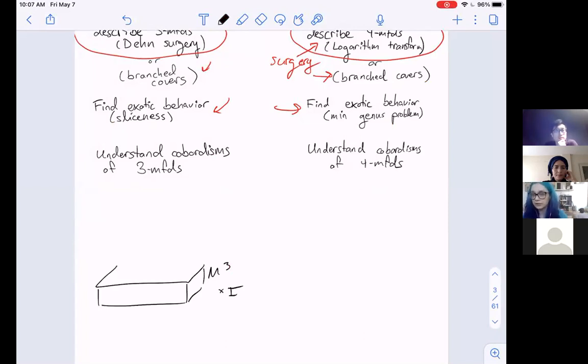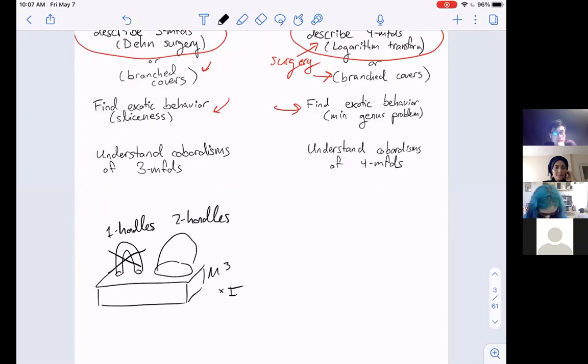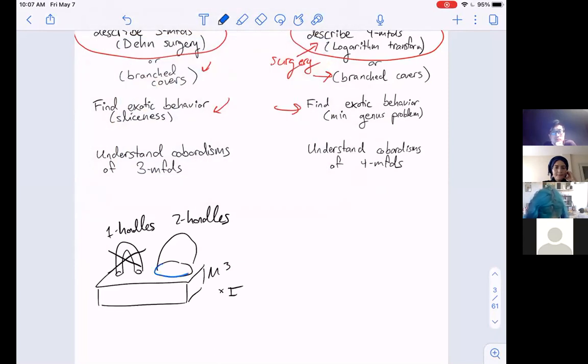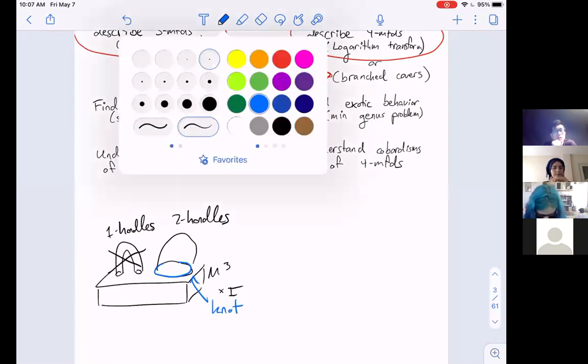A cobordism of three manifolds is four-dimensional. And you have some one handles, which are boring, not interesting. And then you have two handles, which are actually interesting, and they're attached along knots. So you can see that in this very dimension accurate picture, this is attached along a knot in a three manifold.